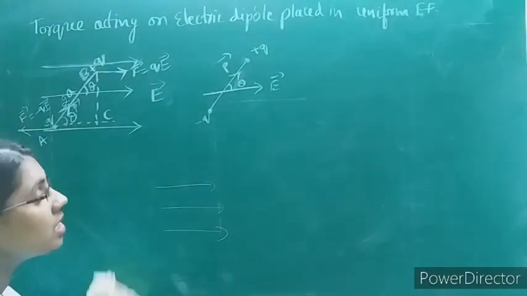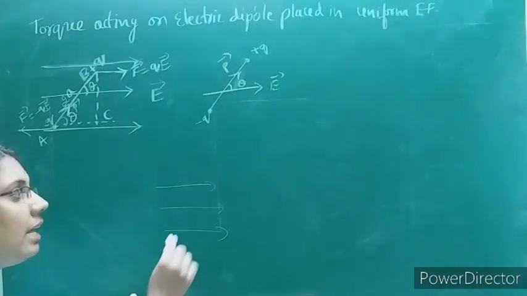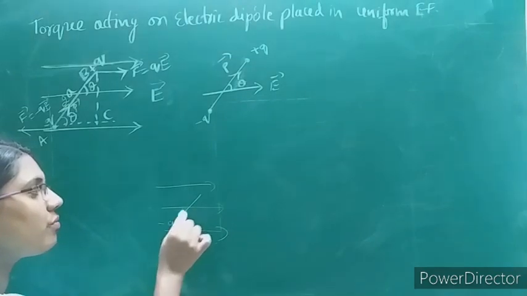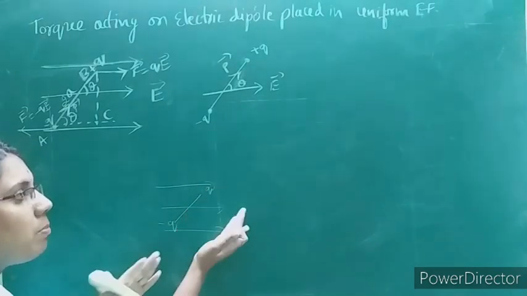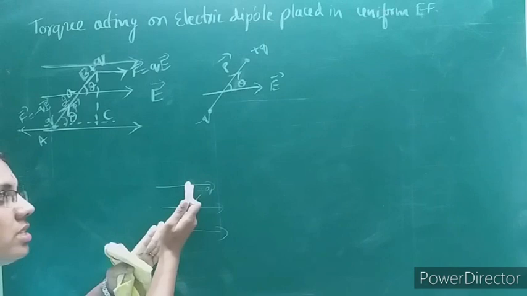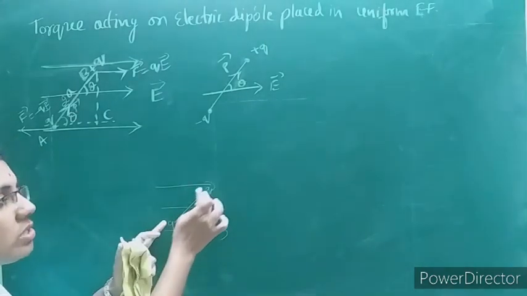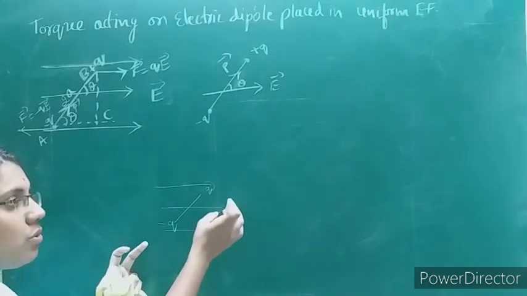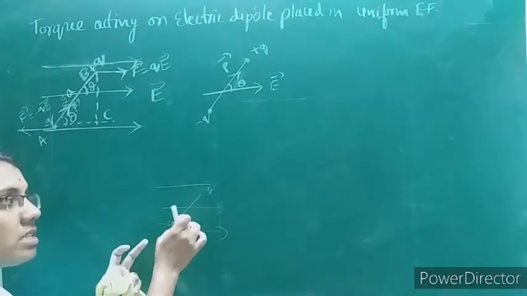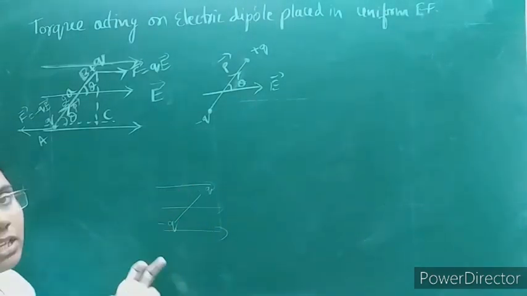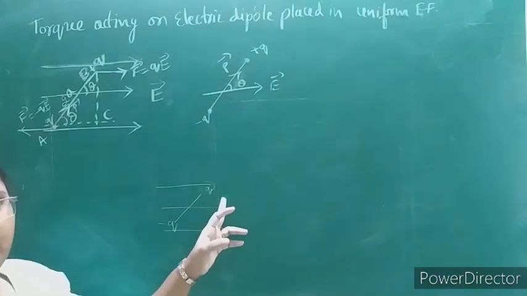So if we draw parallel equidistant lines, it is the representation of a uniform electric field. Okay. If we place a dipole in this uniform electric field, force will act on this dipole due to the electric field. There are two charges in a dipole, right? So by this electric field, force will act on the individual charges.